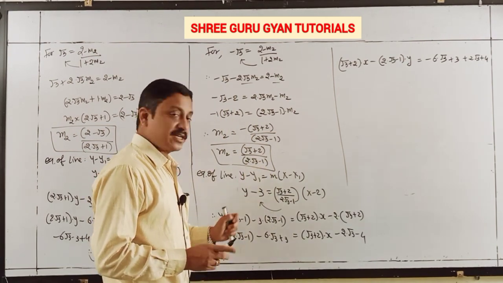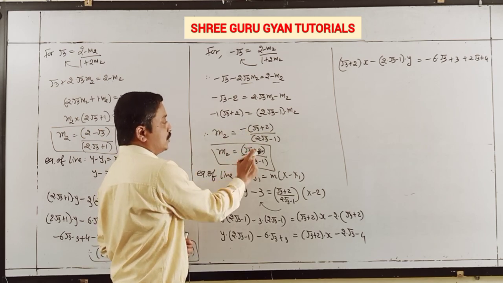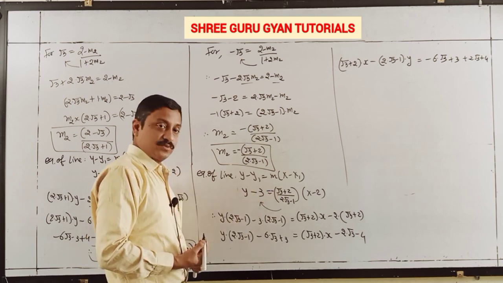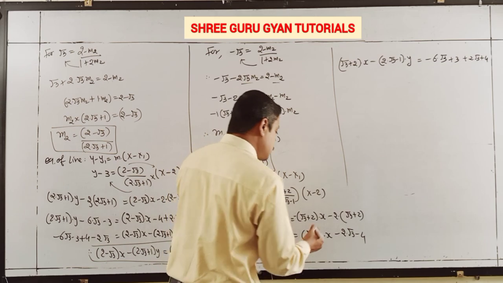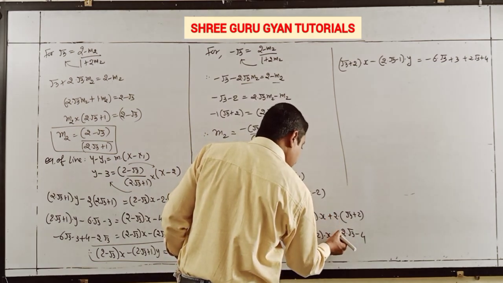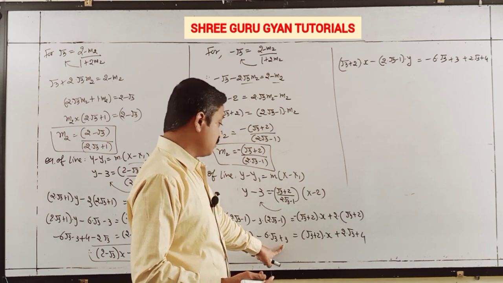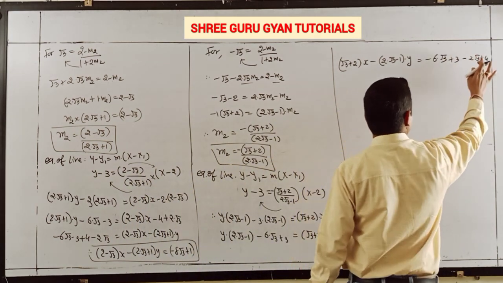Students, here by mistake I have not written the minus. m2 becomes minus, so divide that. So here I multiply the minus, same as here minus (2 root 3 minus 1). Here minus minus, students, is plus, and here also plus. So your answer is minus 6 minus root 3 plus 3, here minus 2 root 3, and here students minus 4.